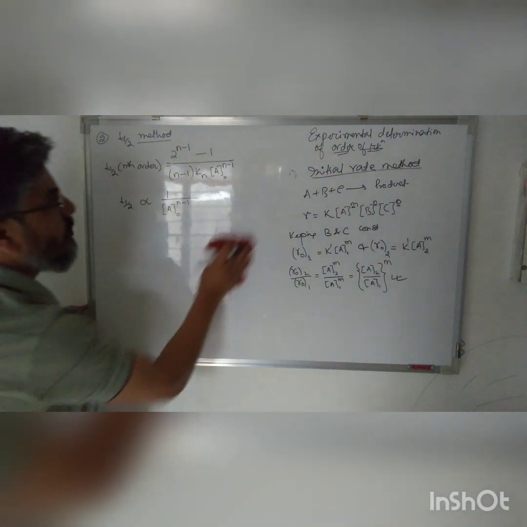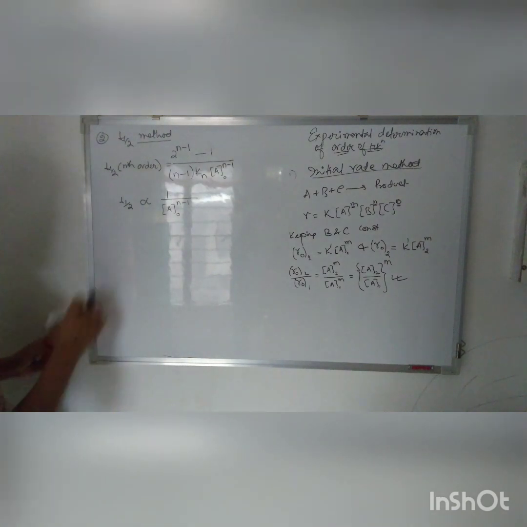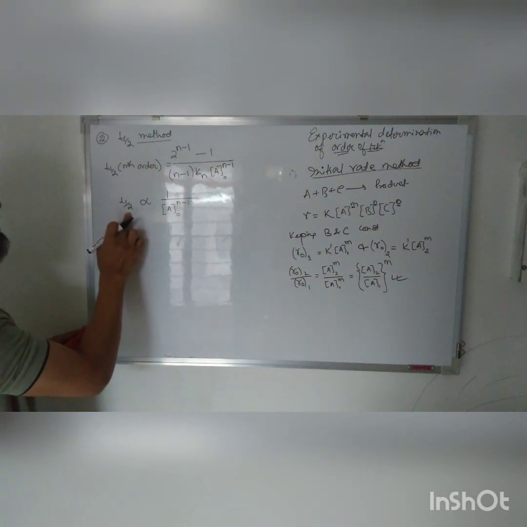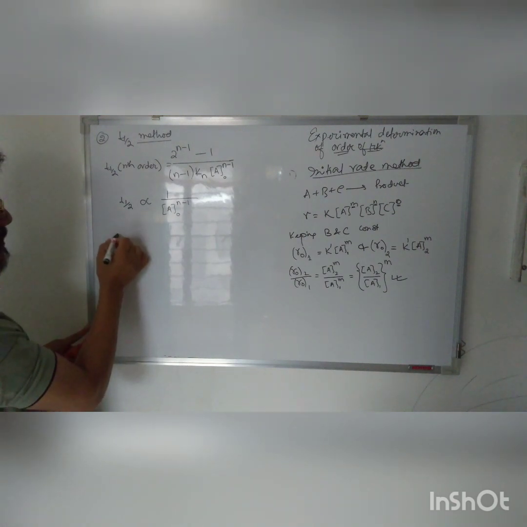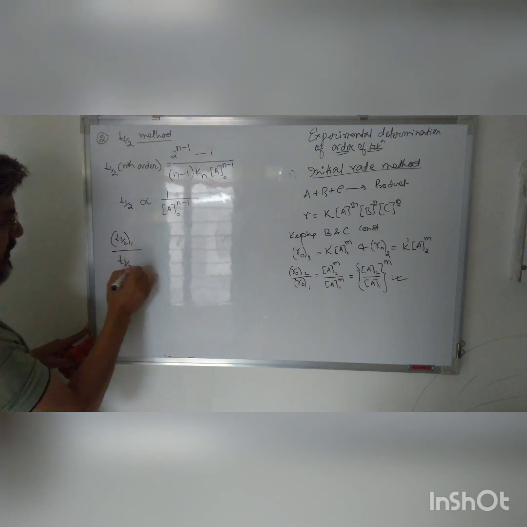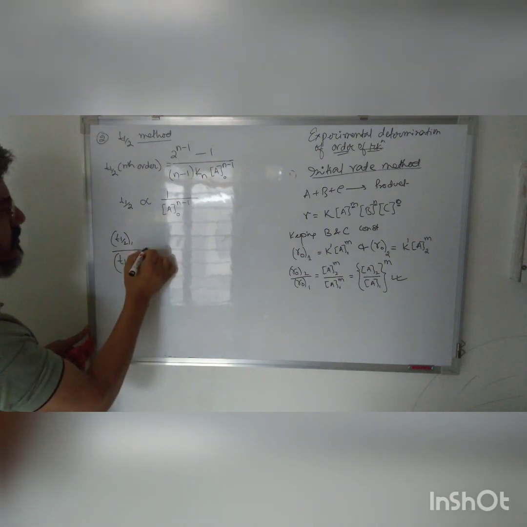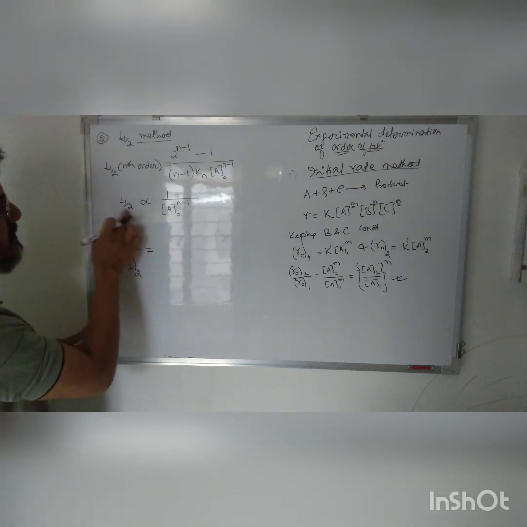So we'll take this half-life to define the order of reaction. So again we'll take two different experimental setups. So let's say t half 1 divided by t half 2. So this is inversely related.